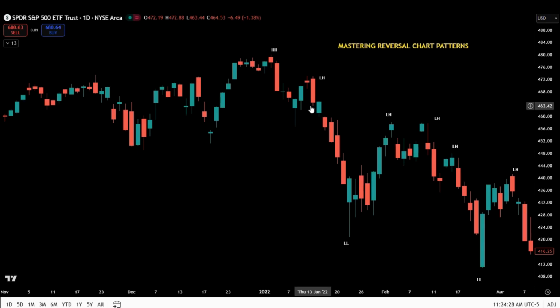But this is the reason you need to be able to visually see for yourself, because the indicators don't pick up everything. And this is like a perfect head and shoulders right here. It's just the indicator didn't pick it up. However it's programmed, which you may or may not be able to change in Pine Script, it was not able to detect this particular head and shoulders, even though I have it on.